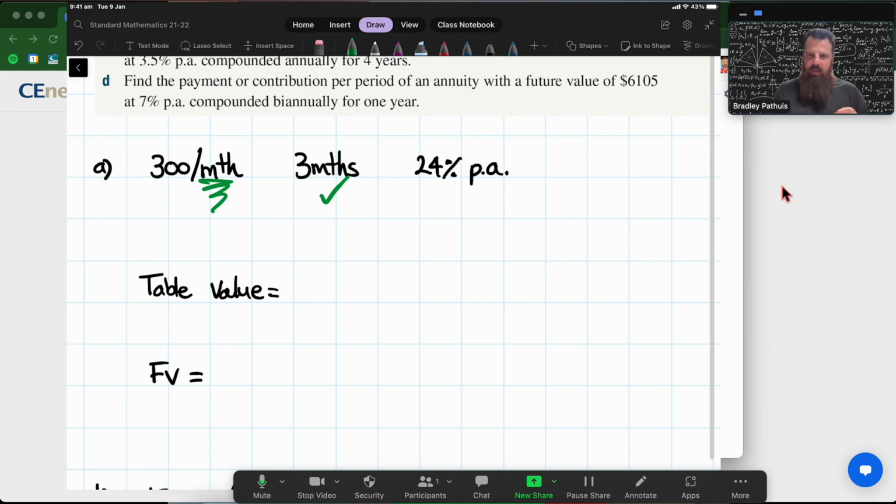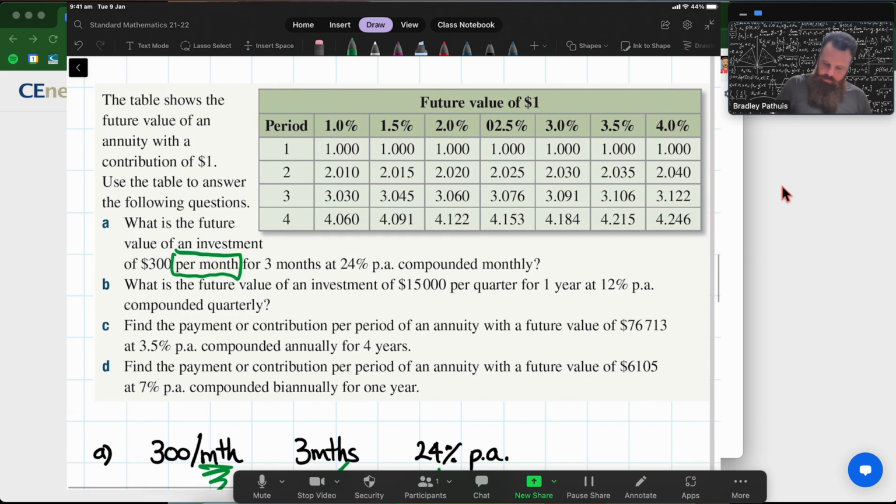But our interest rate, 24%, is per annum, so we need to divide that by 12 to get it to monthly. So it becomes 2% per month. Now that we've got everything in months, we go to the table and we're looking for the 2% with 3 periods.